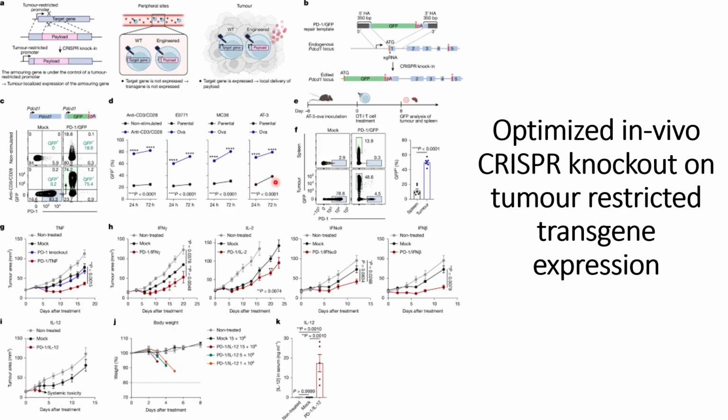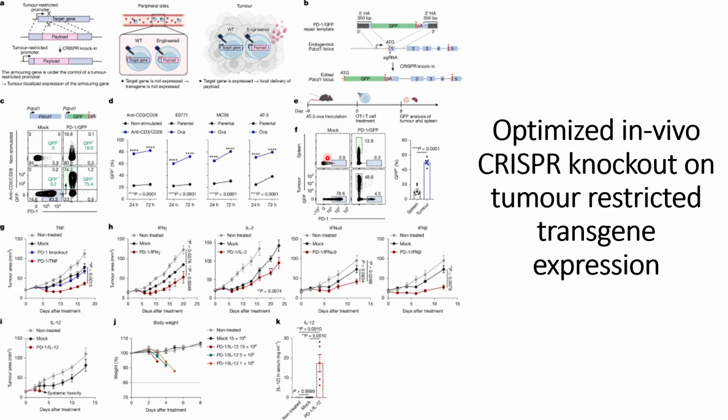Thereafter, once validating their results in the in vitro system, they wanted to check the specificity in the in vivo system. For that, they took ovarian cancer cells and put them into mice, and the mice underwent treatment after 8 days of the tumor injections. After 8 days of this treatment, they analyzed the GFP signals.